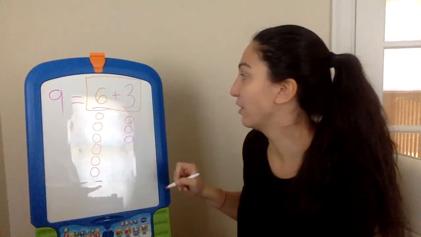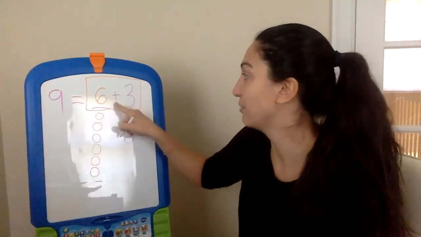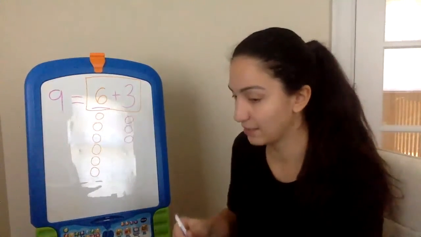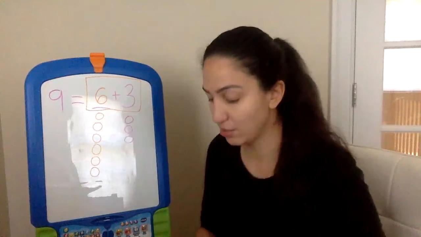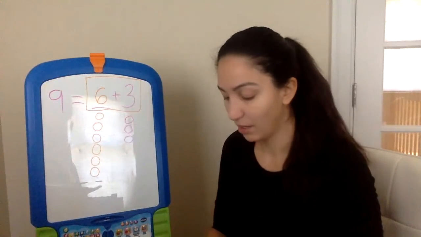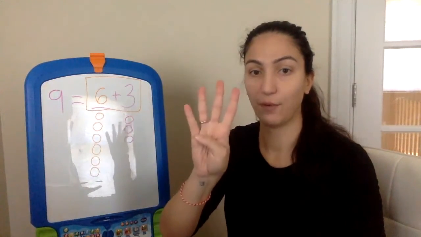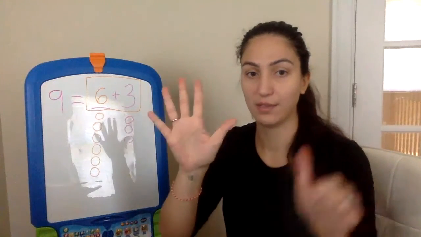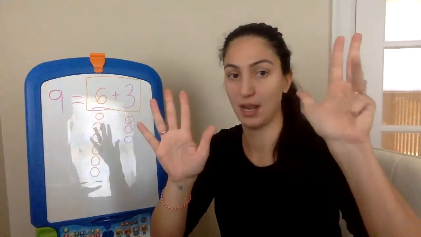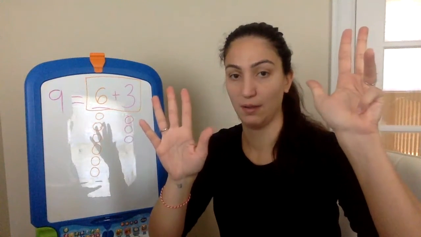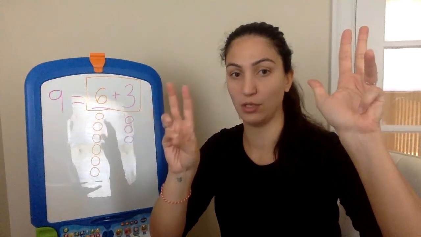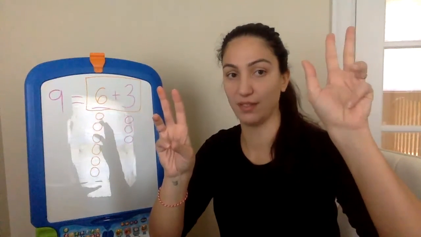So my answer is 9 equals 6 plus 3. My unknown is 6. And I can check that by using my fingers. 3, 4, 5, 6, 7, 8, 9. Okay, so here's my 1, 2, 3, 4, 5, 6.